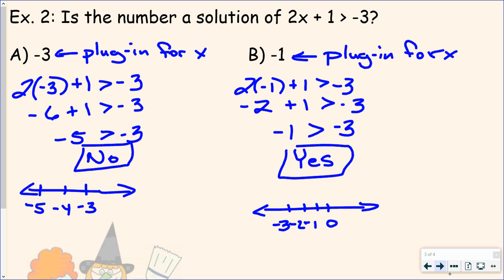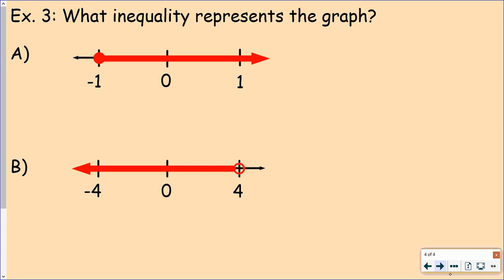All right, let's look at the last example I have for you here. This is, if you're given a graph, write the inequality. There are two things you have to figure out here. So I'm going to put my x, and then we have to figure out what the inequality symbol is. We know the negative 1 goes over here, right? That's where our circle is.